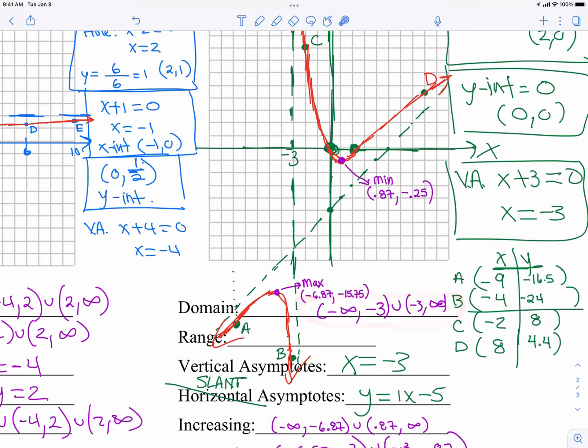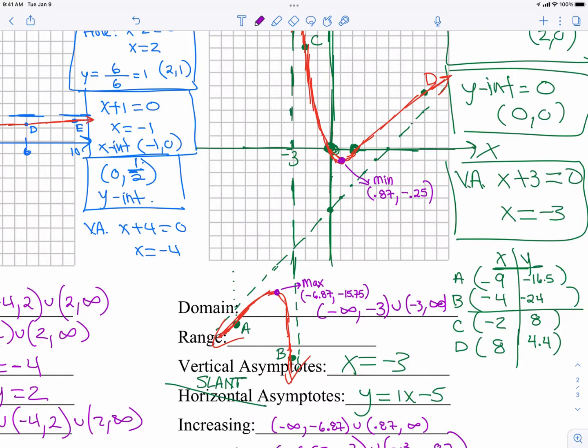Now, as far as the range goes, the range is going to go from negative infinity until it gets to the y coordinate of the maximum point. What is the y coordinate of the maximum point? It's negative 15.75.